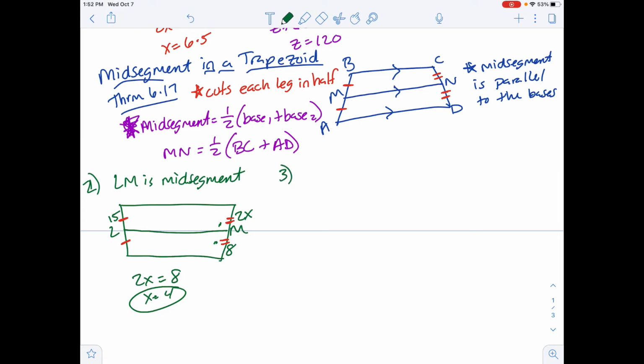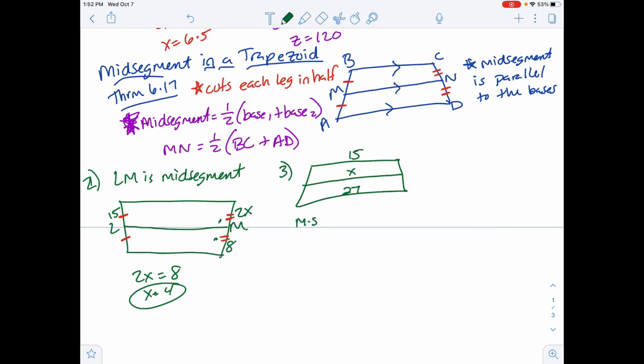Okay, now let's do a couple where we solve for the mid-segment or use the mid-segment formula. So if this is my trapezoid, here's my mid-segment. Okay, so I know my mid-segment equals 1/2 base 1 plus base 2. Well, what's my mid-segment? My mid-segment's the unknown, that's x.